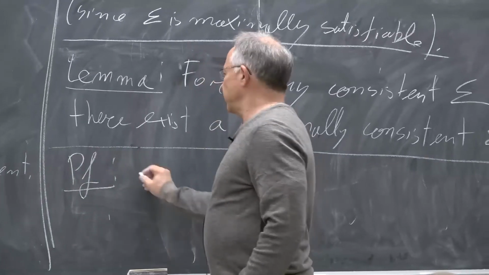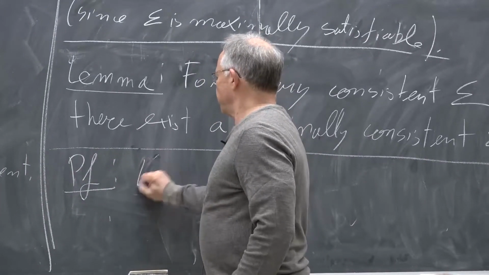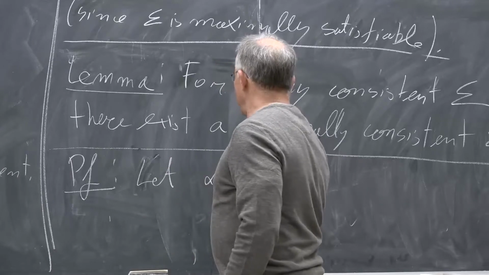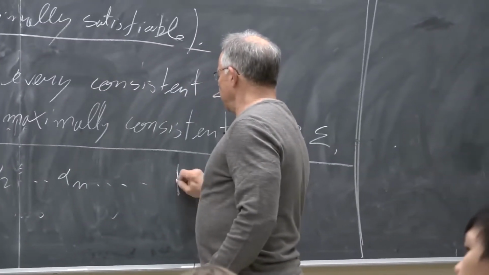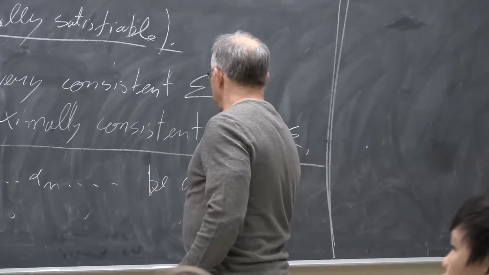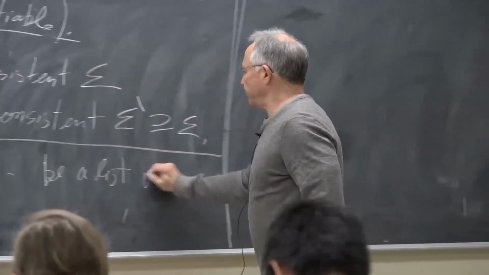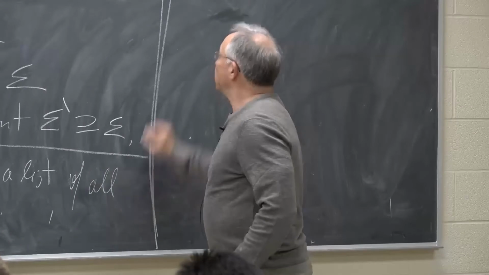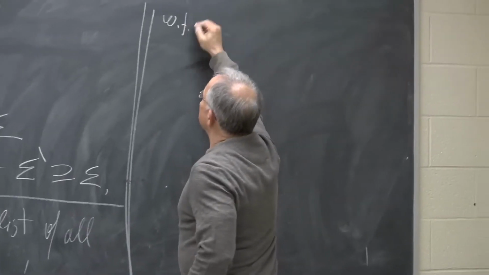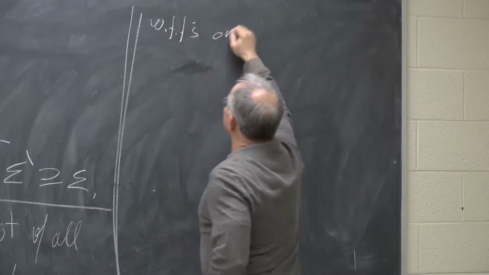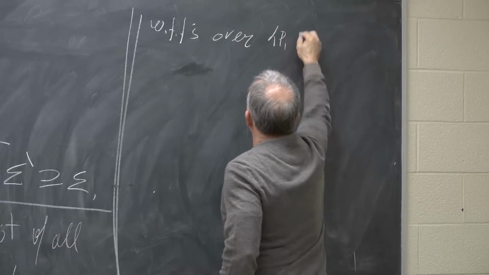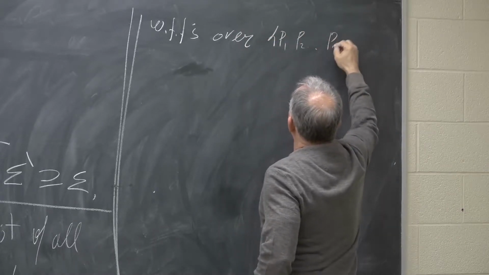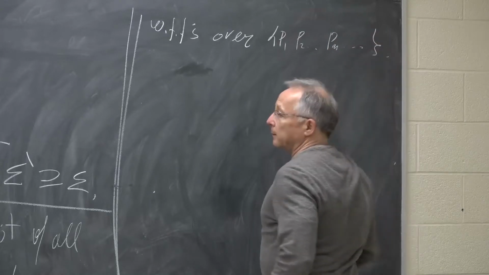Let alpha 1, alpha 2, alpha n be a list of all WFFs over P1, P2, Pn, and so on.